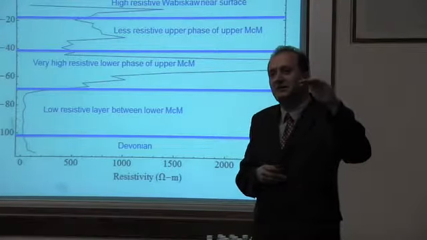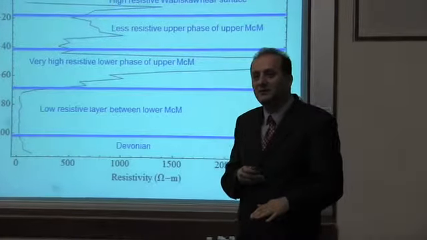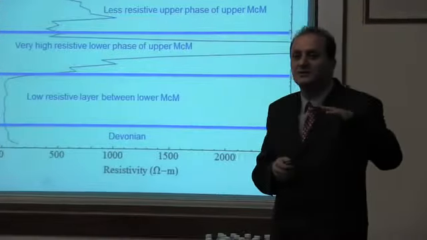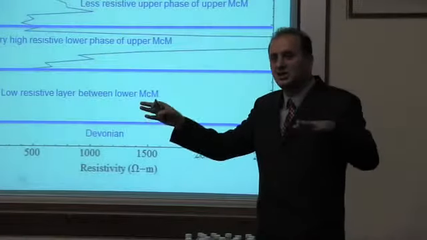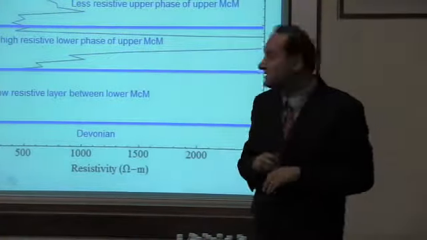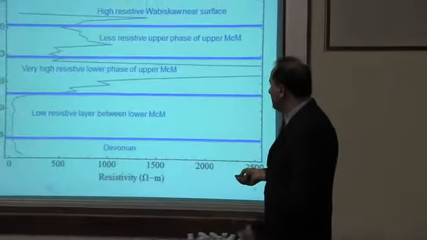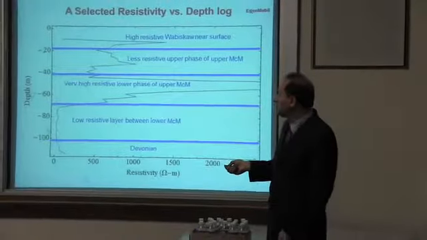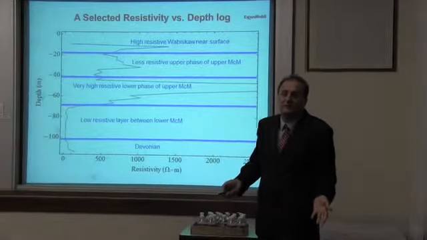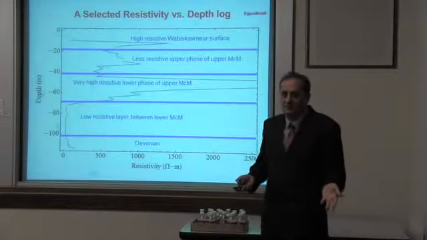It was 50 meters or 150 meters or 100 meters. So the depth of the Devonian is changing in the subsurface, and I can put it somewhere between 80 and 150 meters in my models.